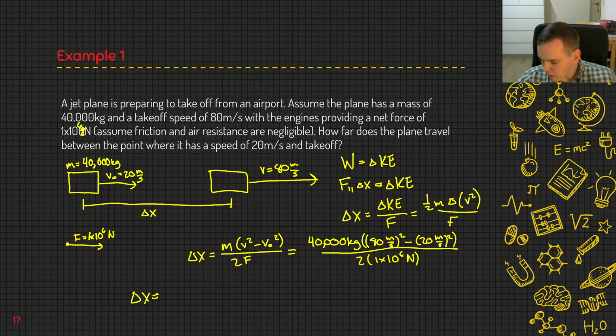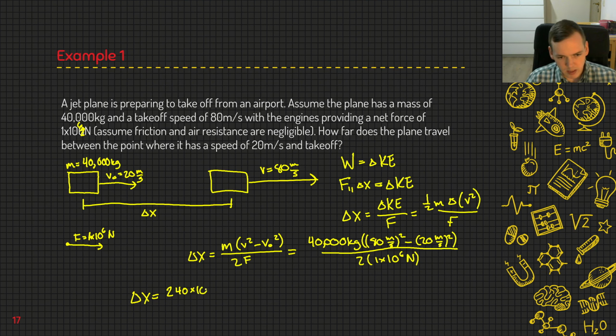Let me actually just throw all these numbers in together. So 6,400 minus 400 is 6,000, times 40,000. So in the numerator, we get 240 million.